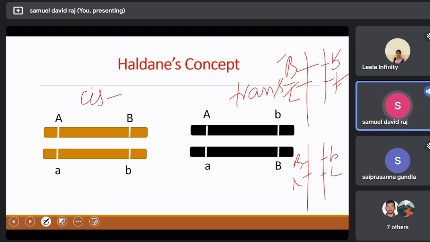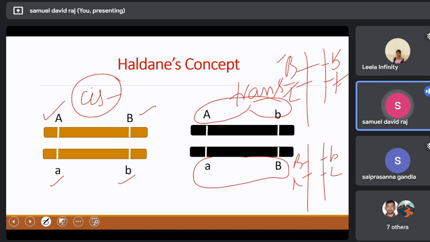By placing this like this, we see that dominant genes are present on one chromosome, recessive genes are present on one chromosome. This arrangement is called cis phase. And here, one dominant and one recessive are present on each chromosome. Such a phase is called trans phase.